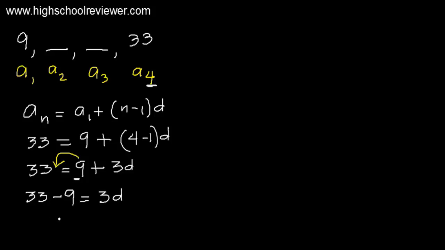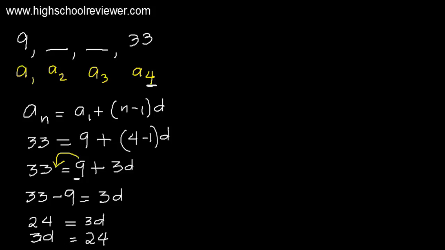So 33 minus 9 gives us positive 24 equals 3d. We can rearrange this and write 3d equals 24.